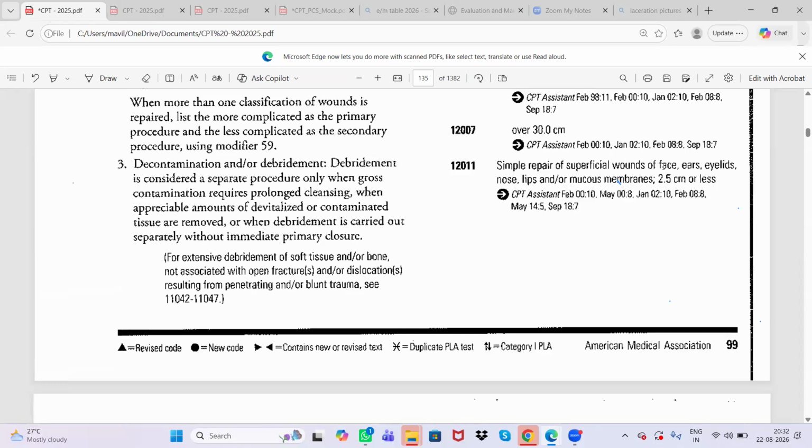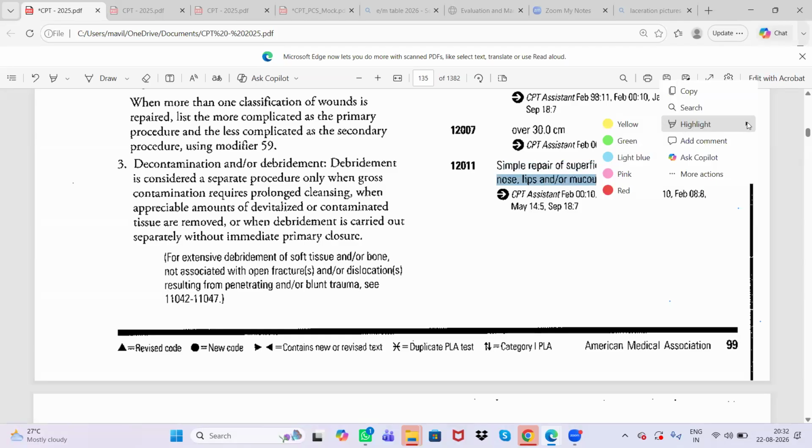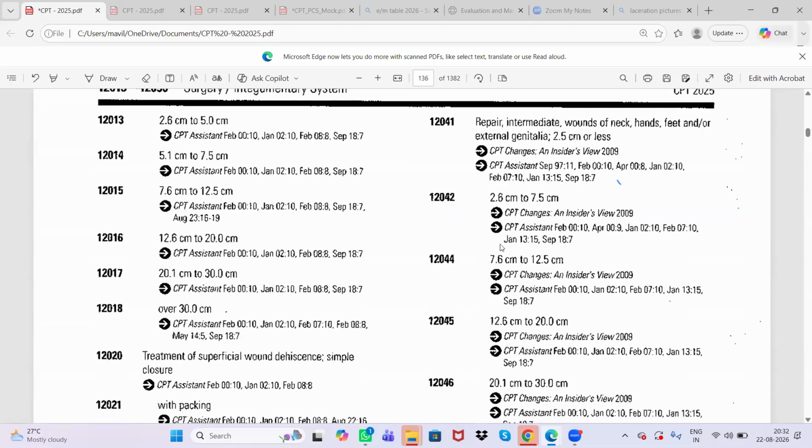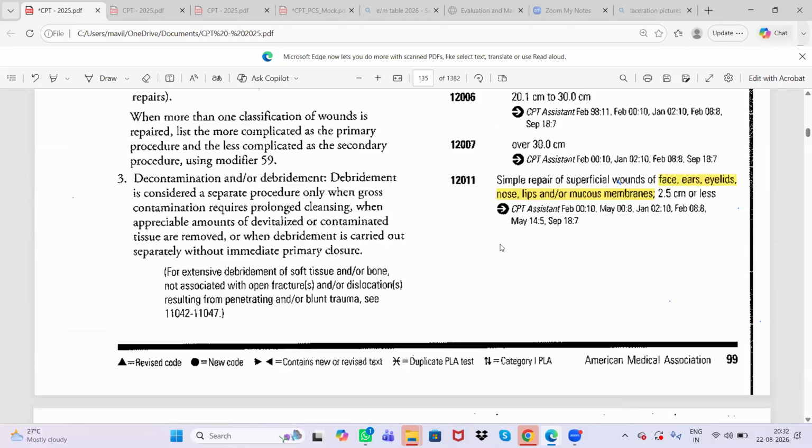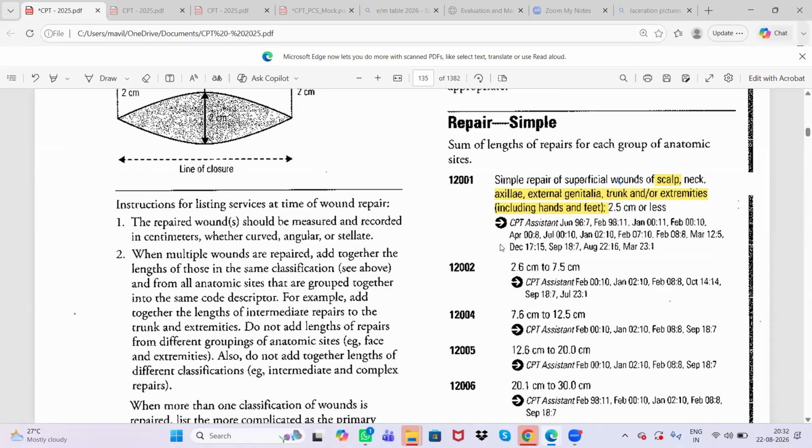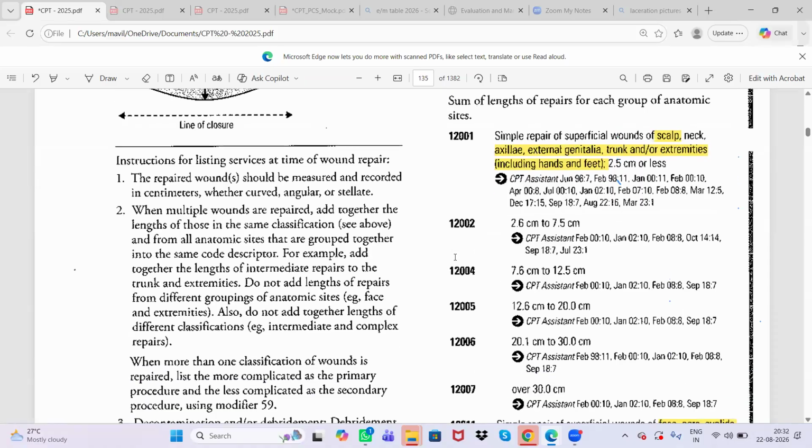Okay, next, face, ears, eyelids, nose, lips, mucous membrane. These are the other anatomical areas. Okay, let me give you one example. Patient had laceration and it is being repaired, simple repair.